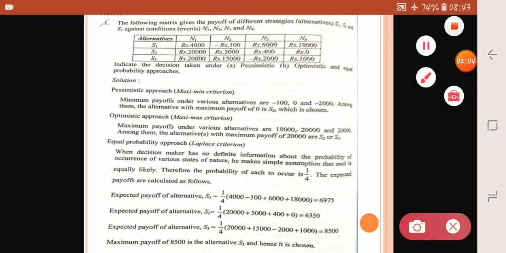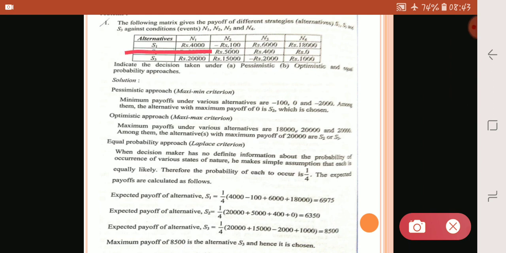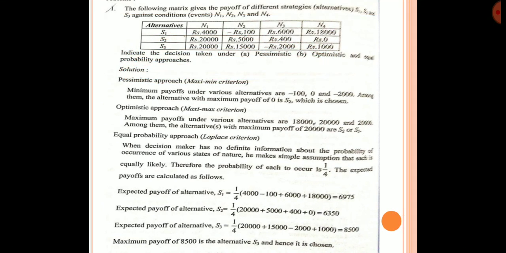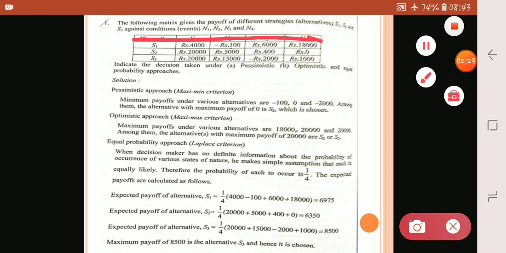So let's consider the 3 alternatives, S1, S2 and S3, along this horizontal path. From these 3 we have to select the minimum value.